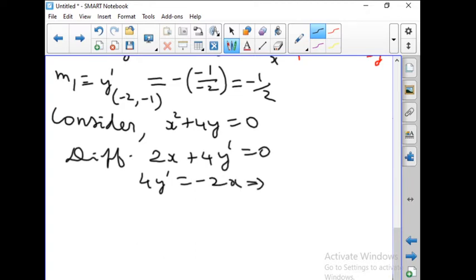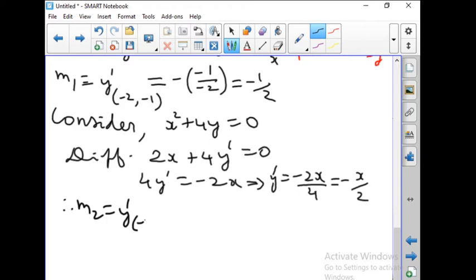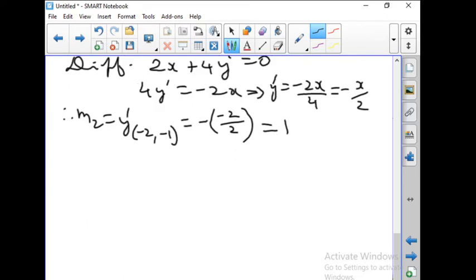From this, y dash is equal to minus 2x by 4, which is equal to minus x by 2. Therefore m2 is equal to y dash at minus 2 comma minus 1. So it is equal to minus of minus 2 by 2, which is equal to plus 1. So m1 is equal to minus 1 by 2 and m2 is equal to 1.